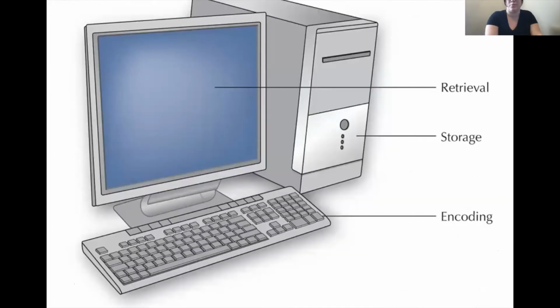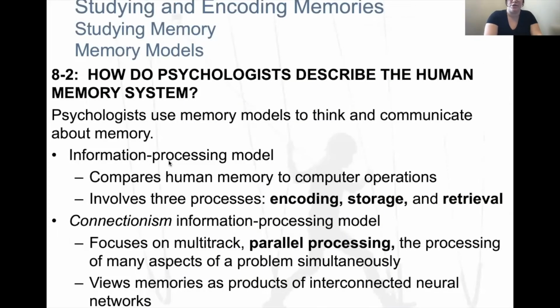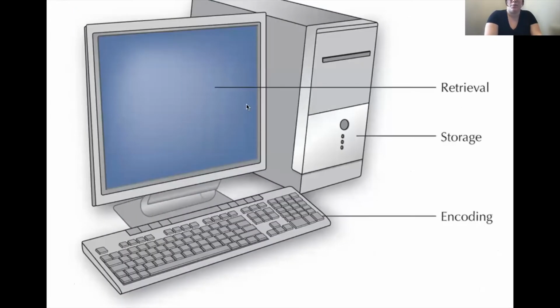So this is that example of the information processing model. We have the encoding, which is typing in on the keyboard. We have the storing, which is our hard drive, our RAM, our computer tower, and then the retrieval, which would be the computer screen, being able to click into our files and open them back up.